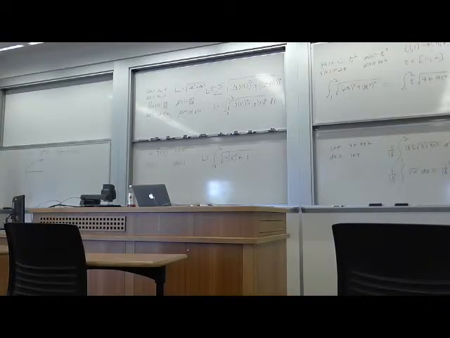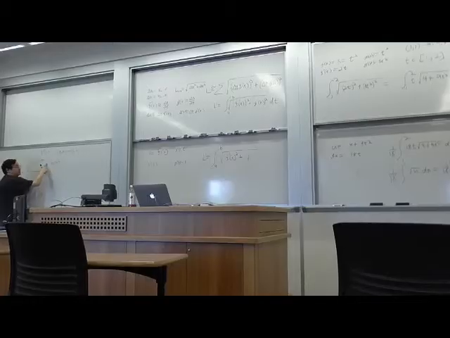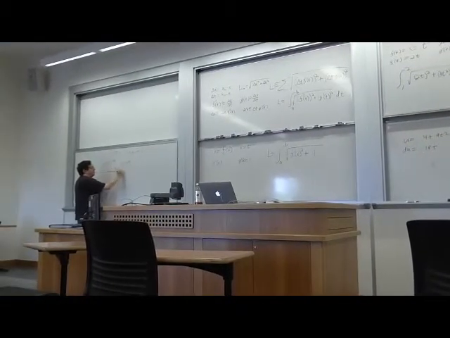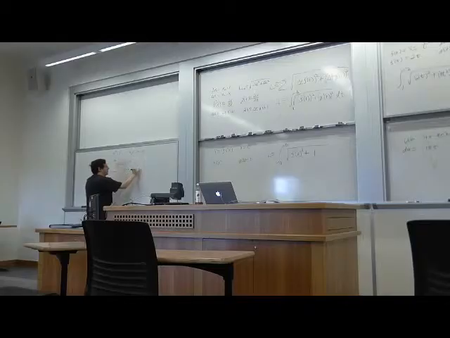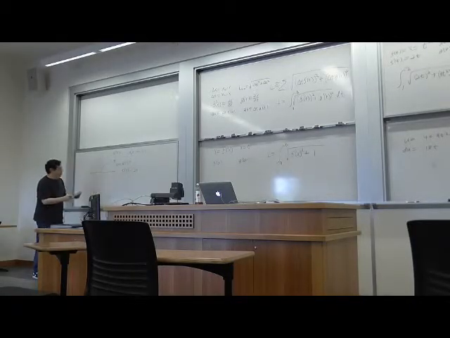Well, here we're just going to switch the roles of x and y. So we're going to have x equals y squared. This is now my f, right? So the derivative of f of y is going to be 2y.